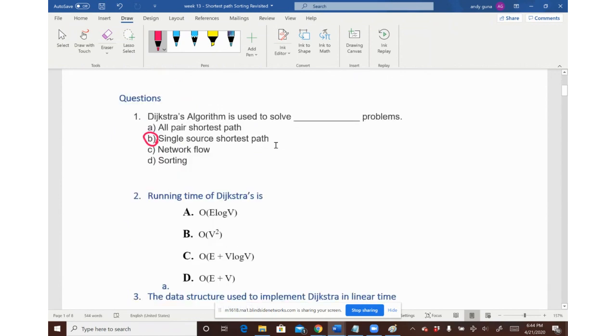Okay, let's see if you can recall this. What is the running time of Dijkstra's algorithm? Let me initialize the poll here again.